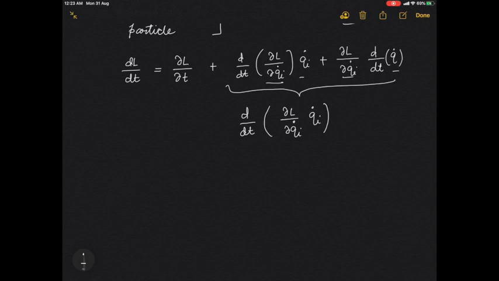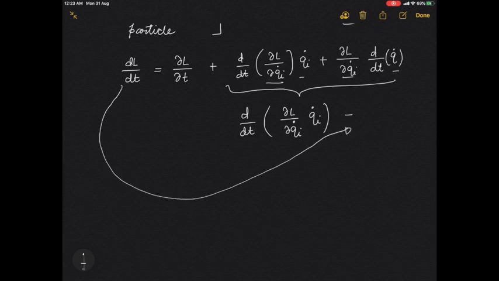Let me do a little bit of rearrangement here. Let me bring this del L del t to this side, and this becomes minus d/dt of L essentially.